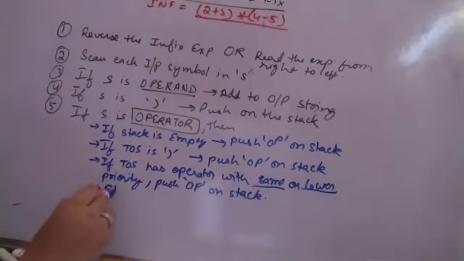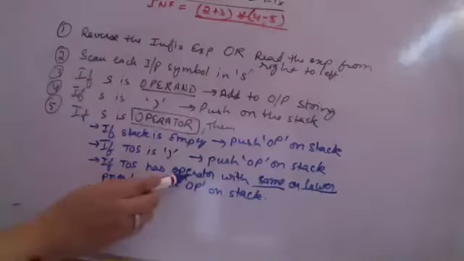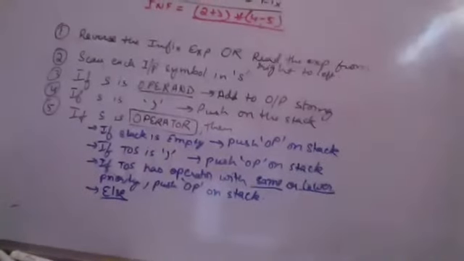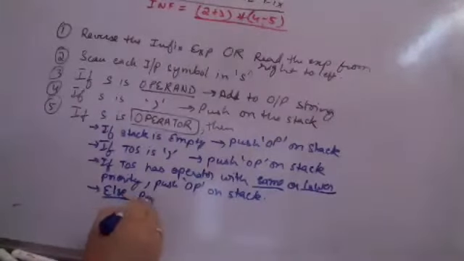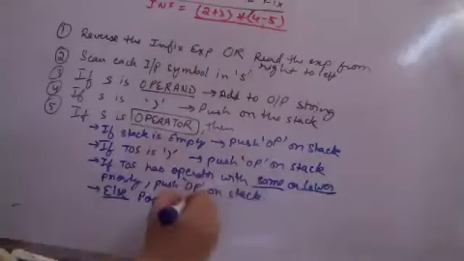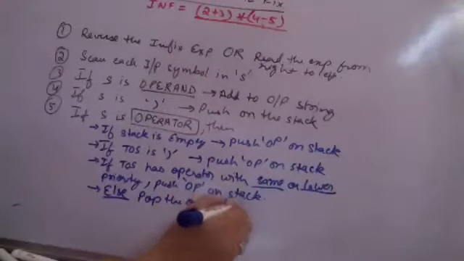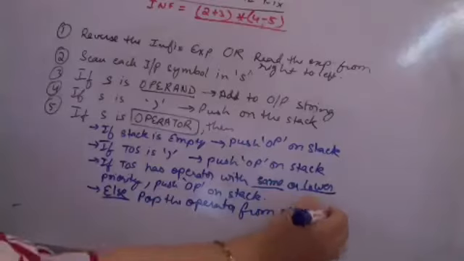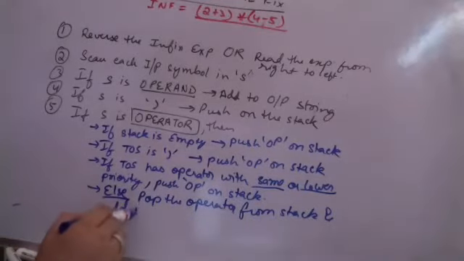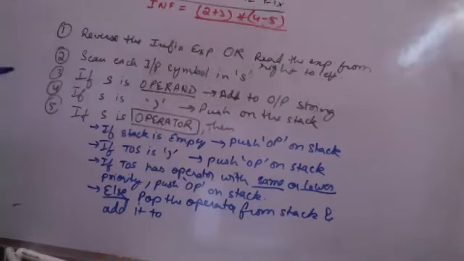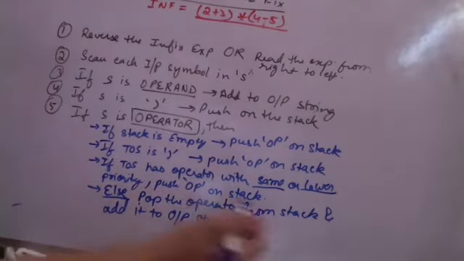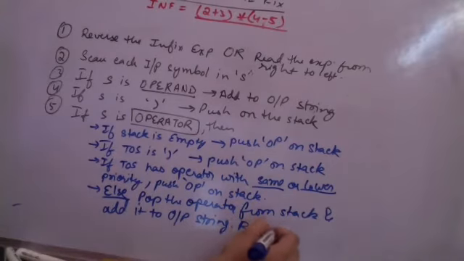Else, if you have an operator with higher priority already existing in the stack, then you will pop the operator from the stack and add it to the output expression. And you have to repeat this step 5 once again for the same symbol.